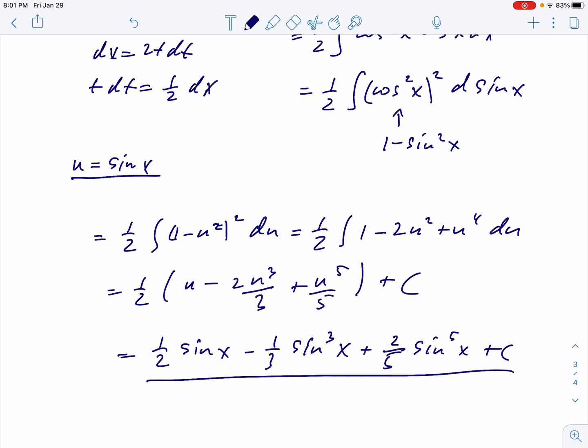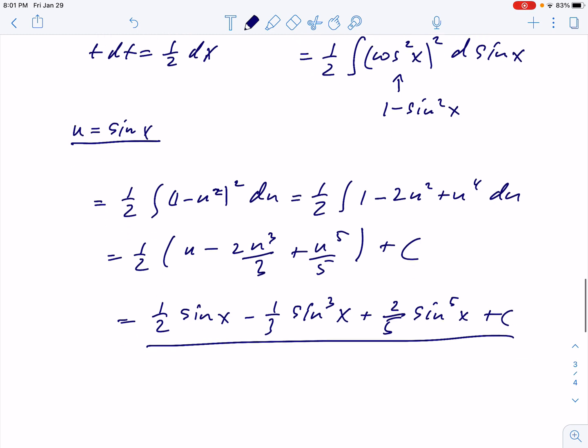And that's our answer. Oh, yeah, I almost forgot. We had to return to t. The original integral was in t, so back to t.